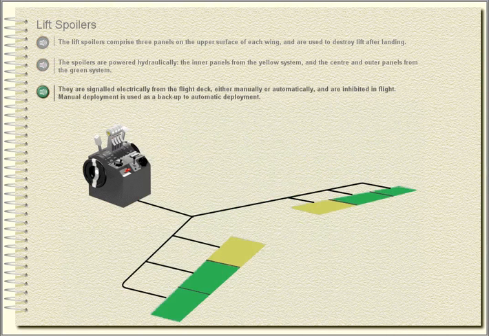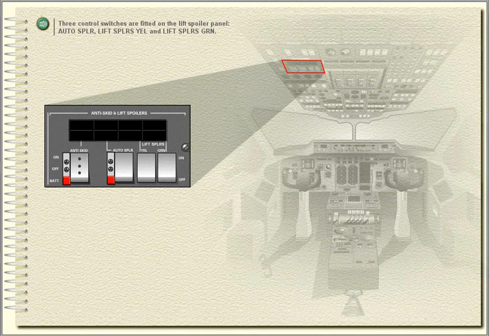Manual deployment is used as a backup to automatic deployment. 3 control switches are fitted on the lift spoiler panel: auto spoiler, lift spoilers yellow, and lift spoilers green.